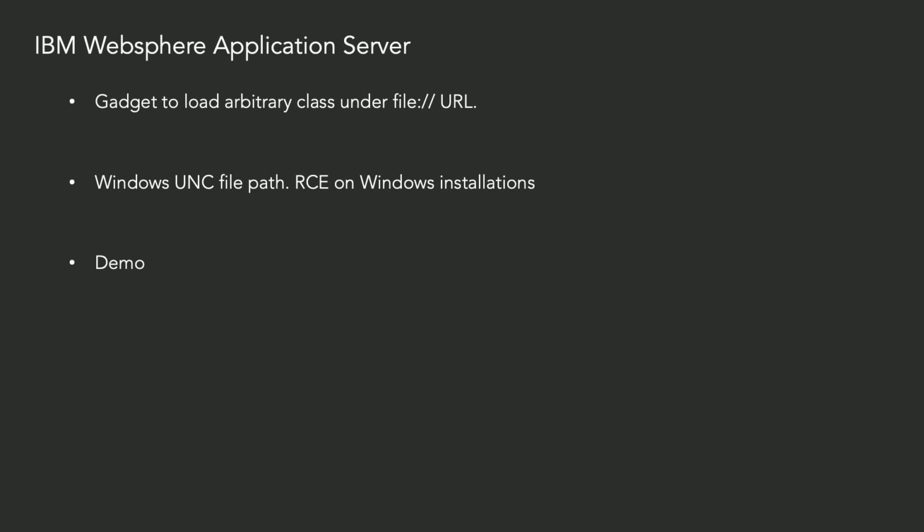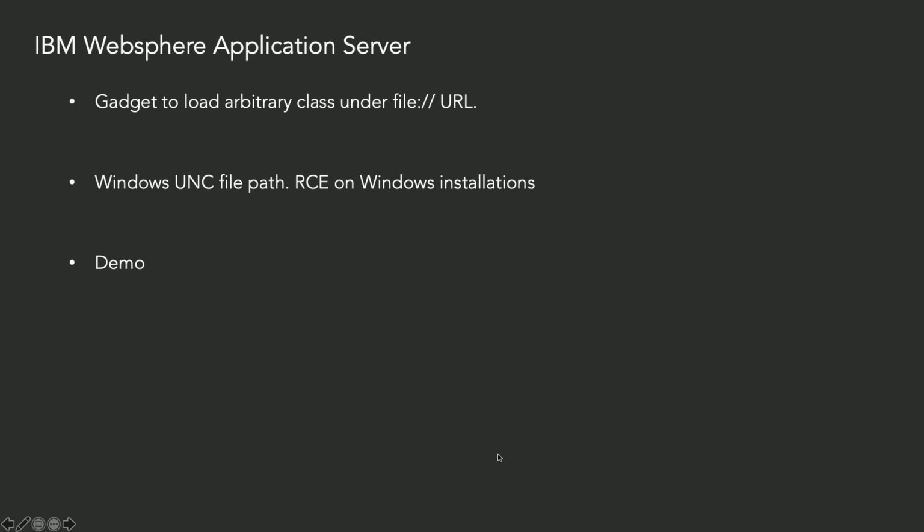And finally, a gadget to load an arbitrary class from a file URL. Since it's a file URL, we have no way to inject an HTTP URL into it. So we have to use a trick: under Windows, we can use a UNC file path to denote a remote file share, which can lead to remote class loading.